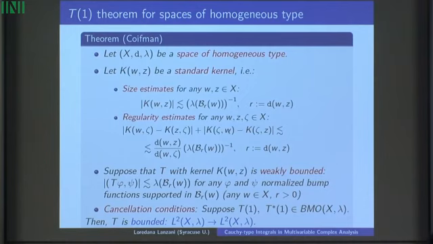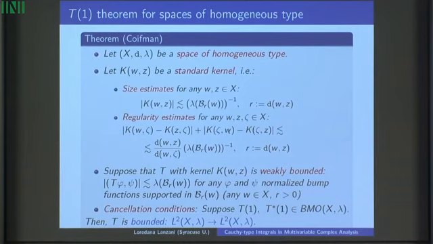And then you have these even more technical conditions, the cancellation conditions: you have to compute your operator on two special functions and verify that they have the property of being of bounded mean oscillation. So under all of those conditions, if all of those are met, the operator is bounded in L2.